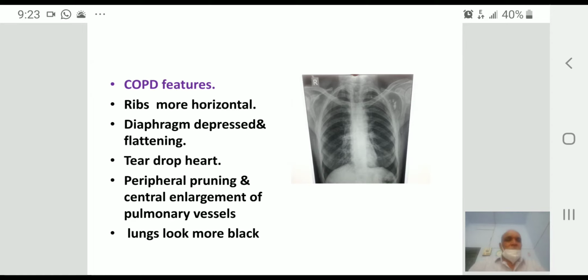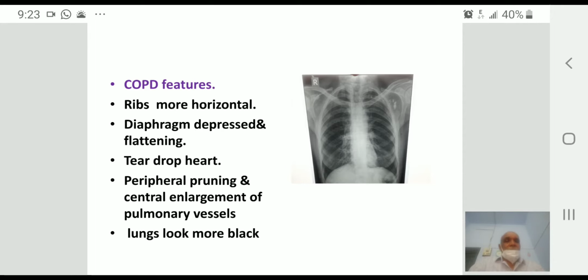X-ray of COPD: ribs more horizontal, diaphragm depressed and flat, teardrop heart, peripheral pruning and central enlargement of the pulmonary vessels. Peripheral pruning means decreased bronchovascular markings in the lateral half of the lung field, and the main pulmonary artery and part of the pulmonary artery are enlarged.